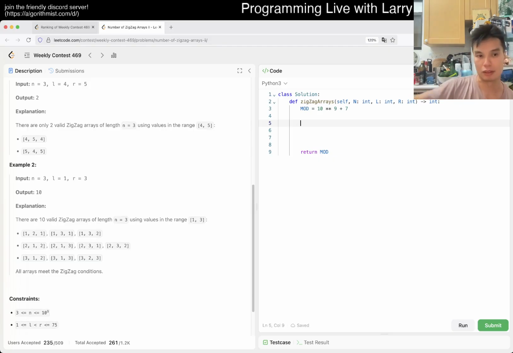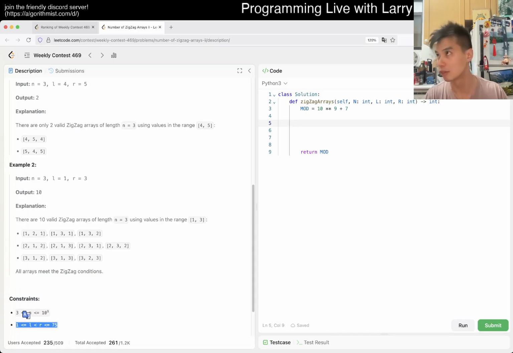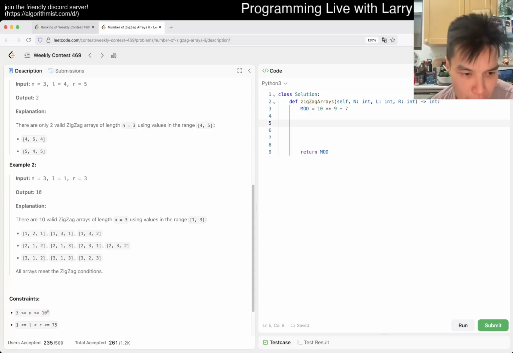All right, how did I think about it? 75, 75, 75. Oh, N is really big. N is not 10 to the 6. I thought it was just 10 to the 6. N is actually really big. But 75, 75, 75. So it's probably an exponentiation problem, right?